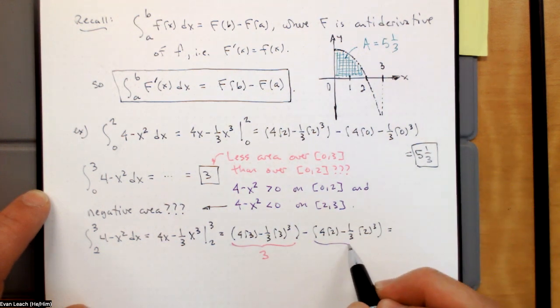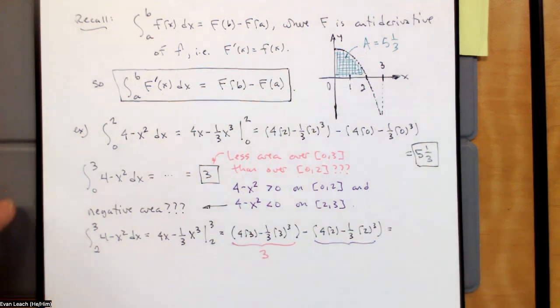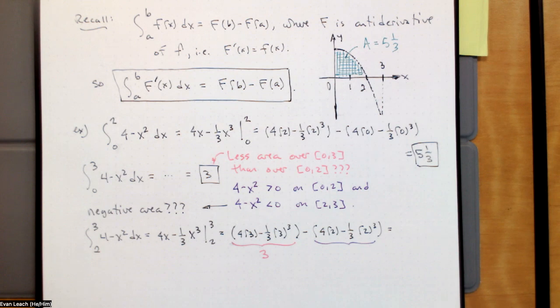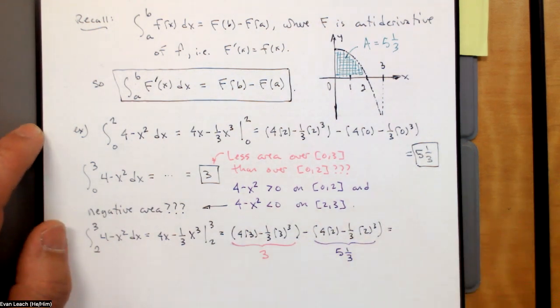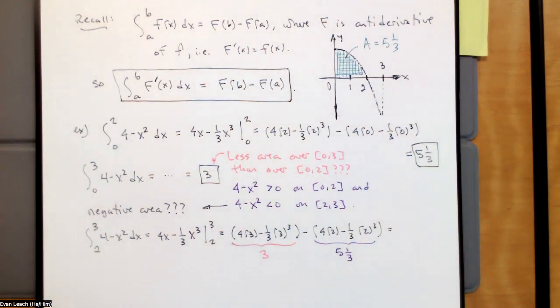And here we get 8 minus 8 thirds. Well, that's right. I started at 0 specifically so I wouldn't have to calculate this again.